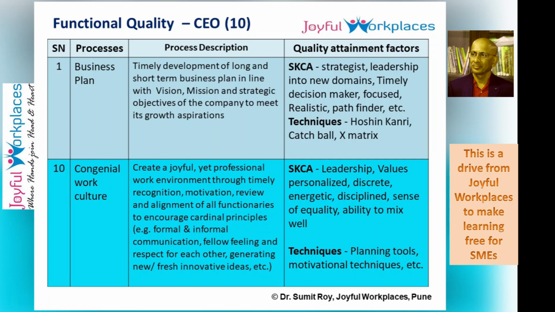And what I'm going to do now is take up one or two processes and then try to understand what it takes to meet those processes, and what it takes for the functionary to be able to meet those process requirements, which if met will automatically lead to the achievement of quality.